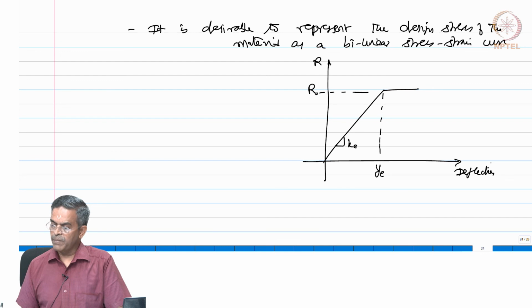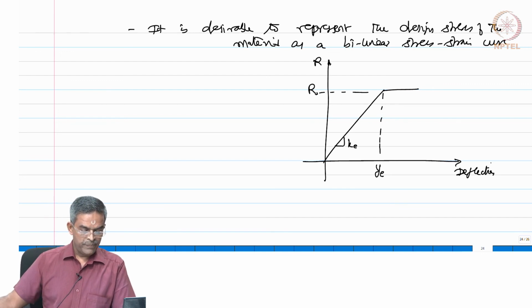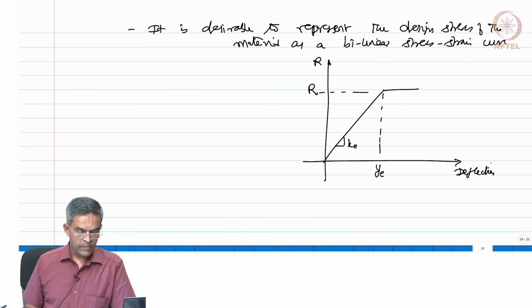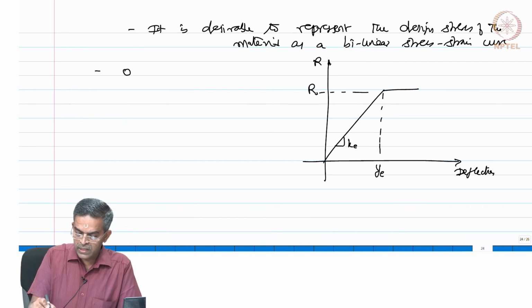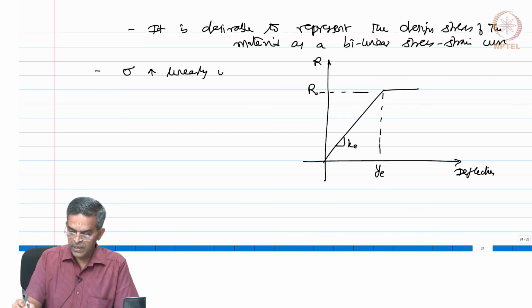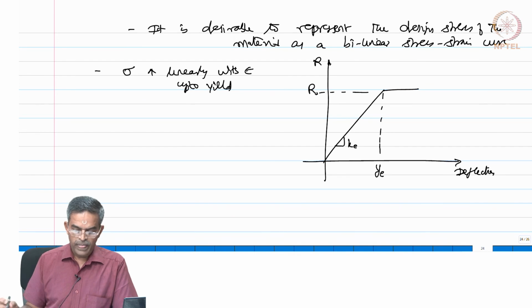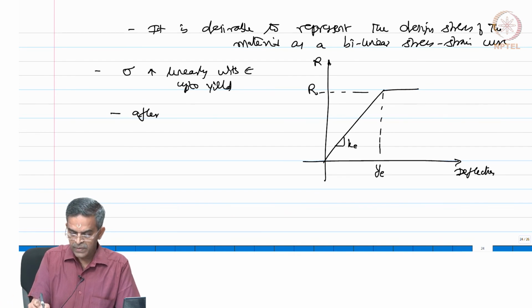So, it is desirable to represent the design stress using this curve. In this curve, you can see that stress increases linearly with strain up to yield, and after that it becomes constant.